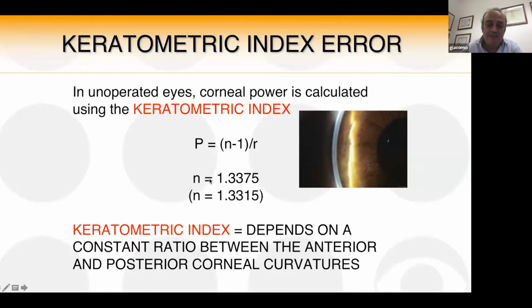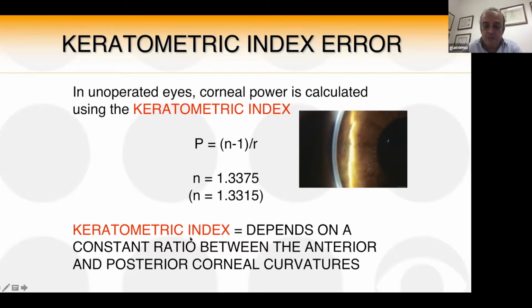And in 99% of cases, this index n is equal to 1.3375. In a minority of cases, I think just the IOL Master that are sold or that were sold in Germany, is a theoretically better number, which nobody uses, 1.3315.